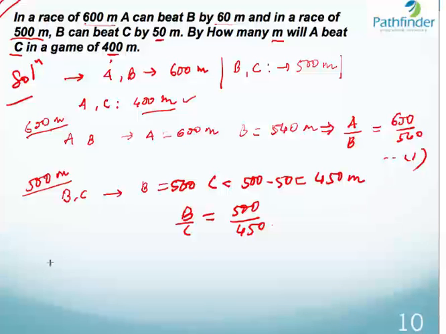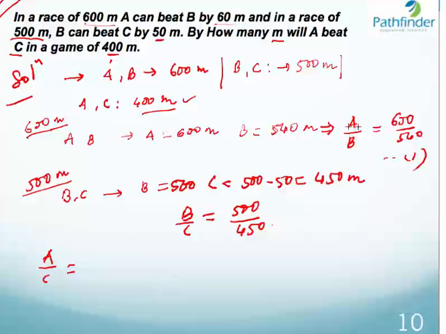Now we are asked to find what happens in a race between A and C. So effectively, we are asked to calculate the value of A upon C. If we get the ratio A upon C, we can determine how much will C run when A runs 400.